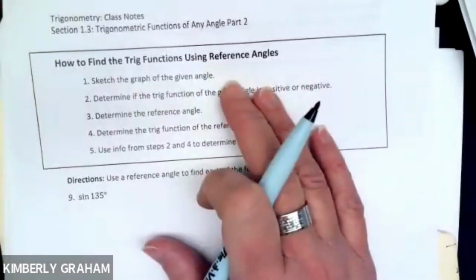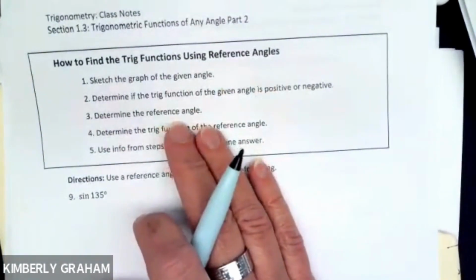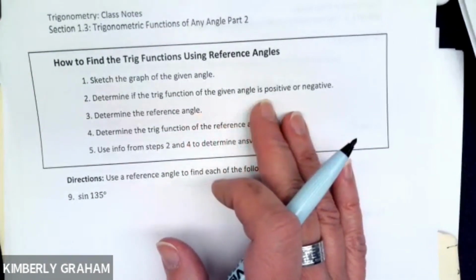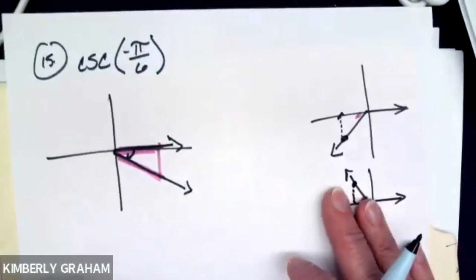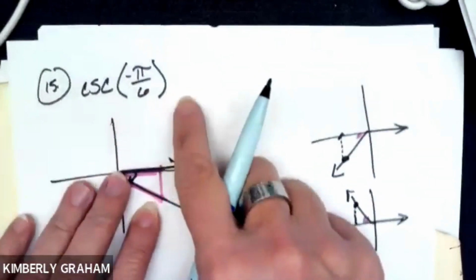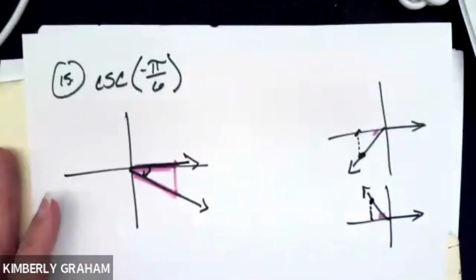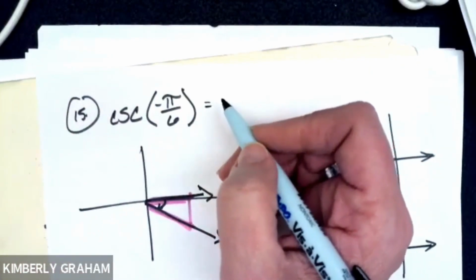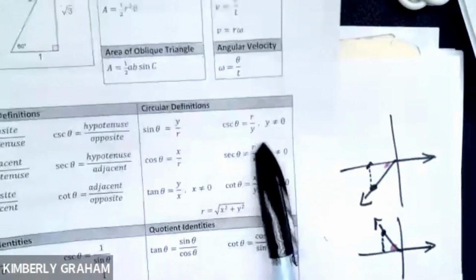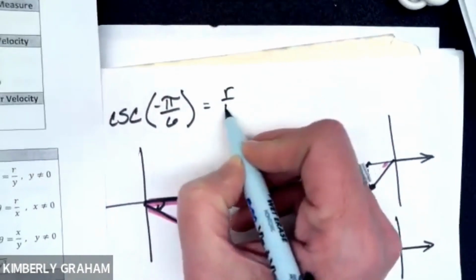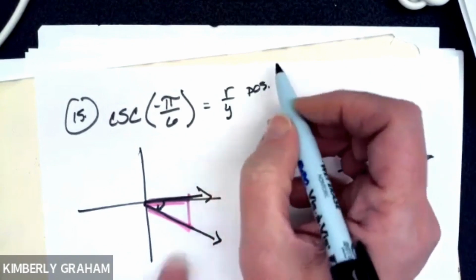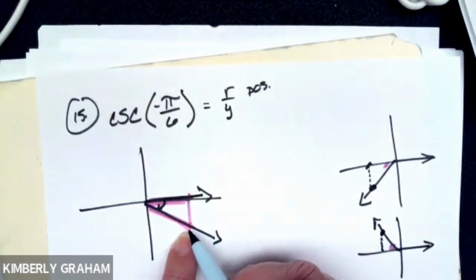Okay, so sketch the graph of the given angle and determine if the trig function of the given angle is positive or negative. When you are looking at the cosecant of negative pi over 6, cosecant according to your circular definitions is r over y. If r is always positive, what's going to be my y coordinate down here in quadrant 4?